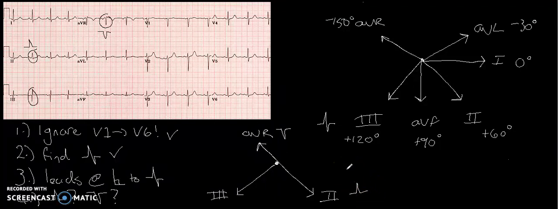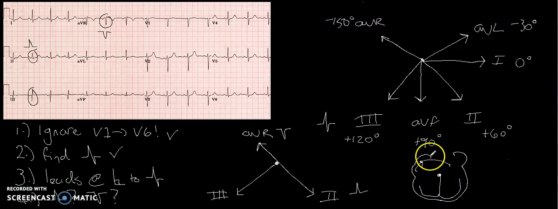It is getting smaller when you look down the telescope at AVR, which means the mean electrical vector, if we go back and just think about our heart, is an atria, ventricle, atria, ventricle, not my best heart, bundle, atrioventricular bundles, AV node, bundle of His, and Purkinje fibers.